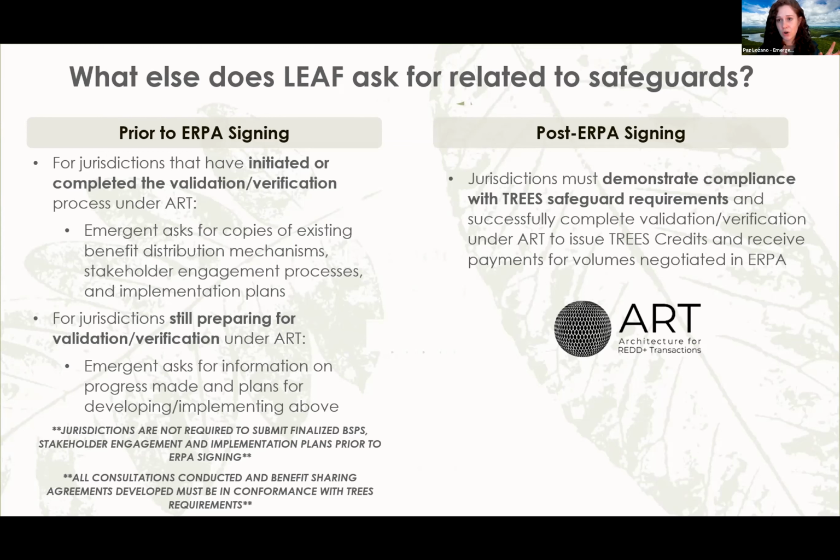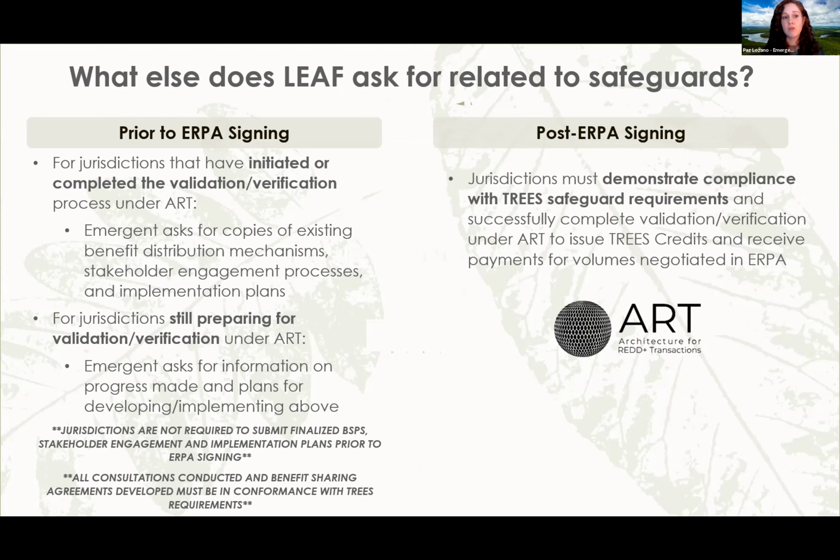So we ask for information related to those three broad categories of things that relate to the ART TREES standard requirements, so that we have some visibility into the readiness of the jurisdiction and what still needs to be completed before they can ultimately meet all the ART TREES requirements and issue TREES credits. This is really the purpose that these pre-ERPA signing requirements serve, to provide us some level of information on this.